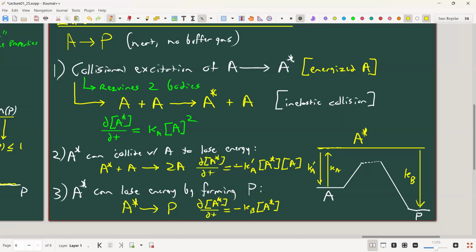Could be a laser, for instance. But here we're just considering gas. There are no lasers in here. We just have molecules of A hanging out doing things by themselves. Okay, so let's try to calculate the total rate for the formation of A star. We have three different processes that are competing.